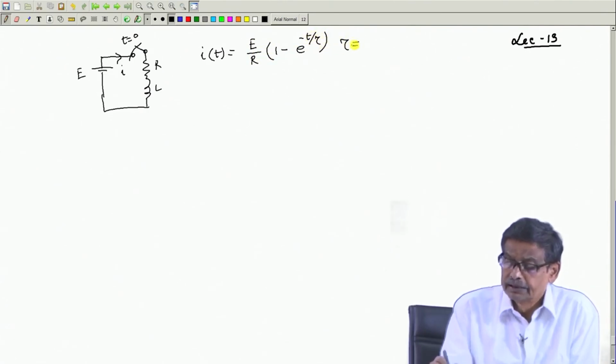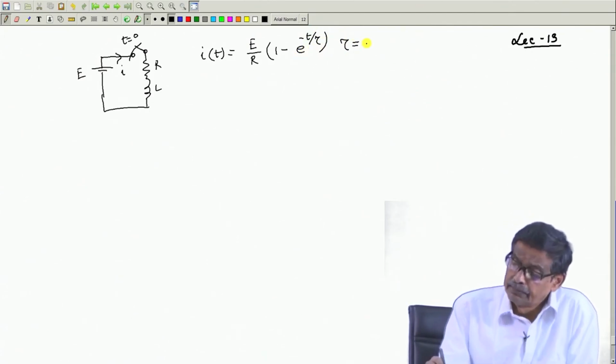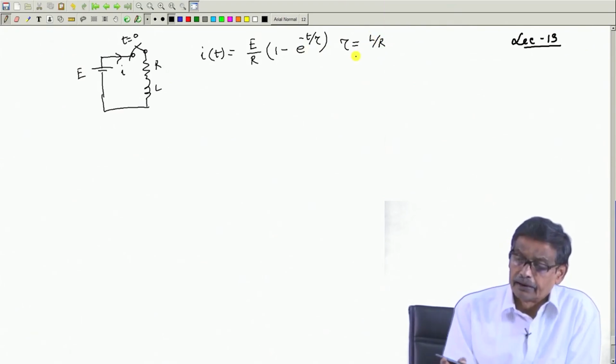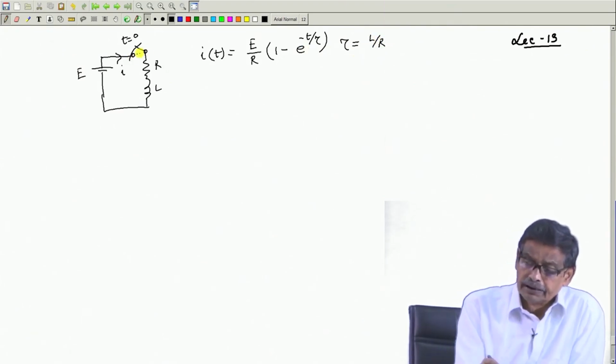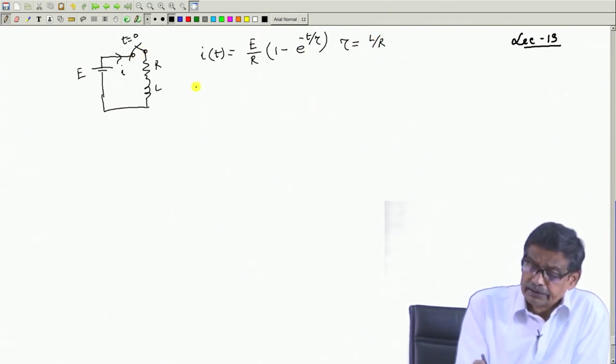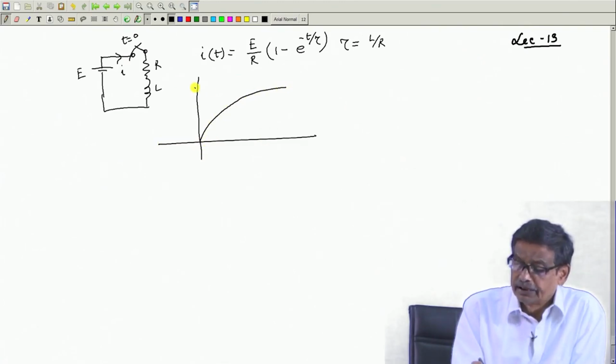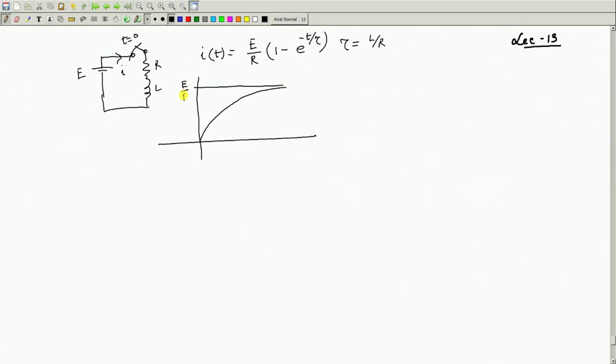Tau is an important quantity called the time constant, the ratio of L and R. The current develops exponentially and finally reaches asymptotically the final value E by R. Of course, one need not wait for infinite time. After a few time constants, it will be almost reaching E by R.